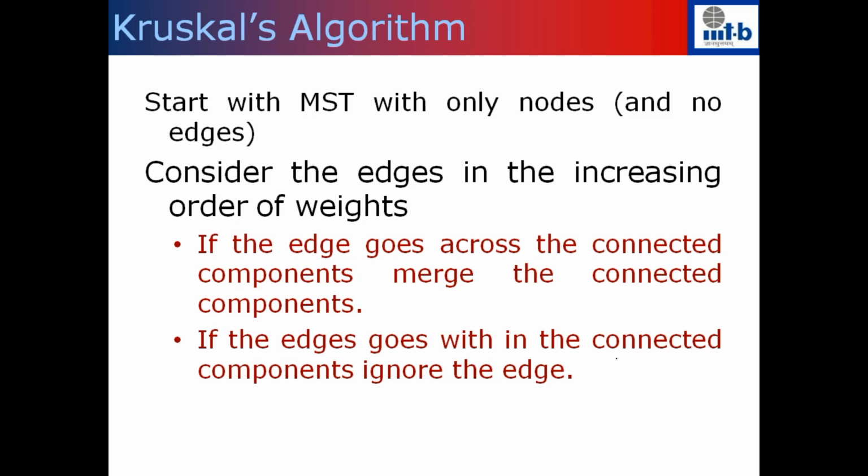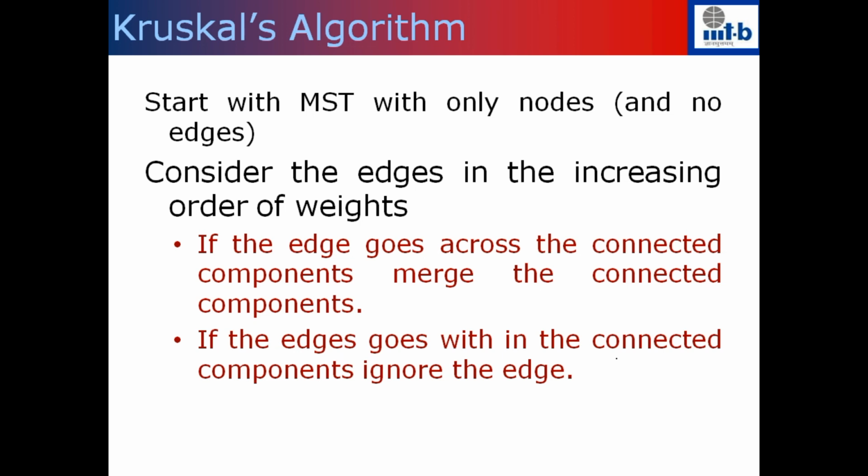So when we consider the edges in the increasing order of the weights, just ask the question whether this edge goes across the connected components in the MST that we have. If it goes across the connected components, then merge these two connected components and make it as one connected component.